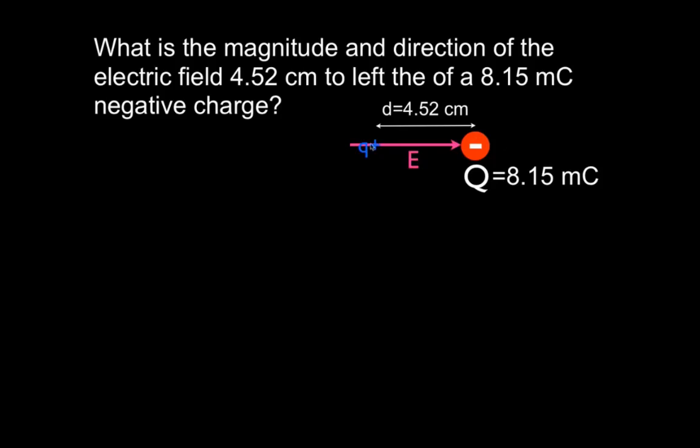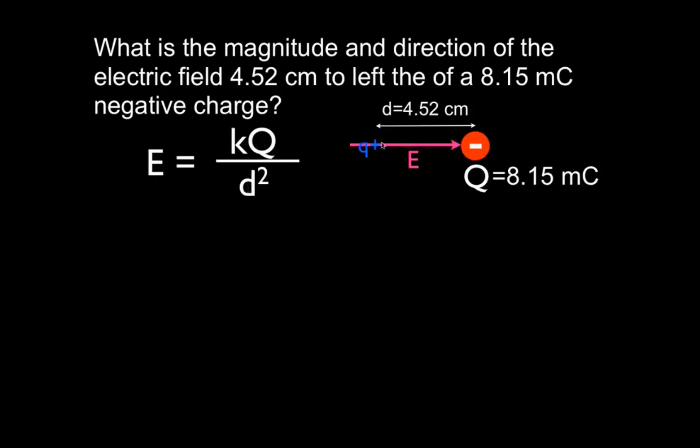Okay, now how do we calculate the magnitude of the electric field right here at this point, 4.52 centimeters away? We use our equation. The electric field is equal to K, Coulomb's constant, times Q, which is the magnitude of this main charge, divided by the distance away from this main charge.